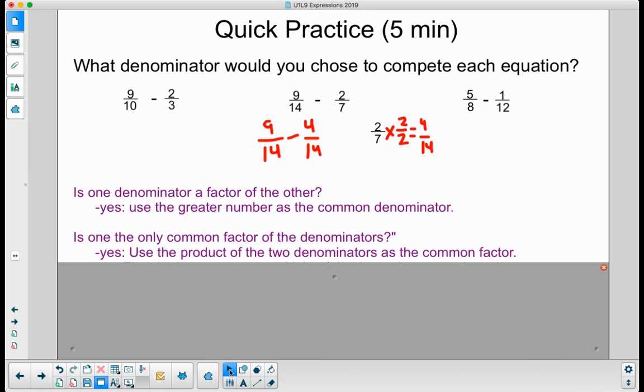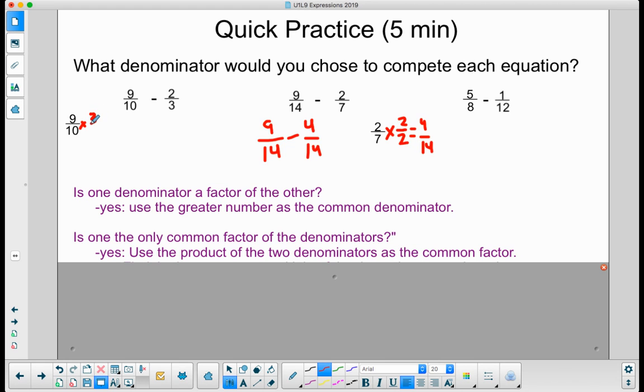Why don't I take a look at this one now too? Remember we decided that we had to use 3 multiplied by 10, 30, as our common denominator. So what I would do is somewhere else, I would pull 9/10 and I would use my other denominator 3 as my multiplier.